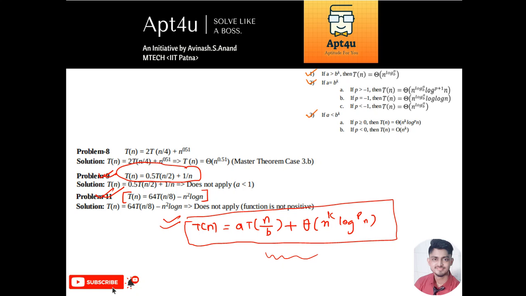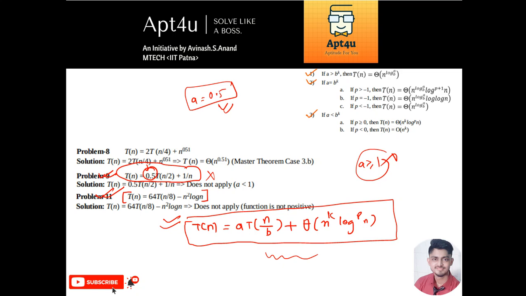You will find that the value of a is found to be 0.5. Now we know that the value of a should always be greater than or equal to 1, but the value of a here is found to be 0.5, right? So we will stop then and there, because the essential constraint of the Master's theorem is not satisfied here. The value of a here is 0.5, so it is violating the required condition for Master's theorem. So we will not apply Master's theorem here also.